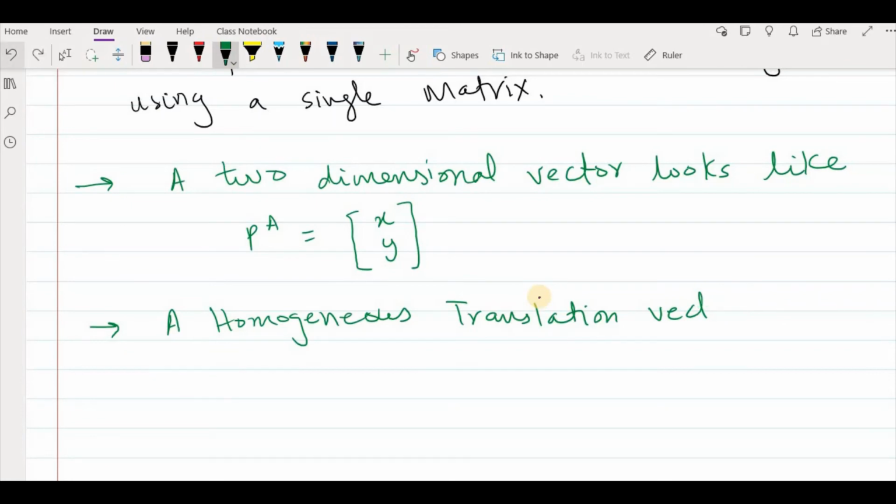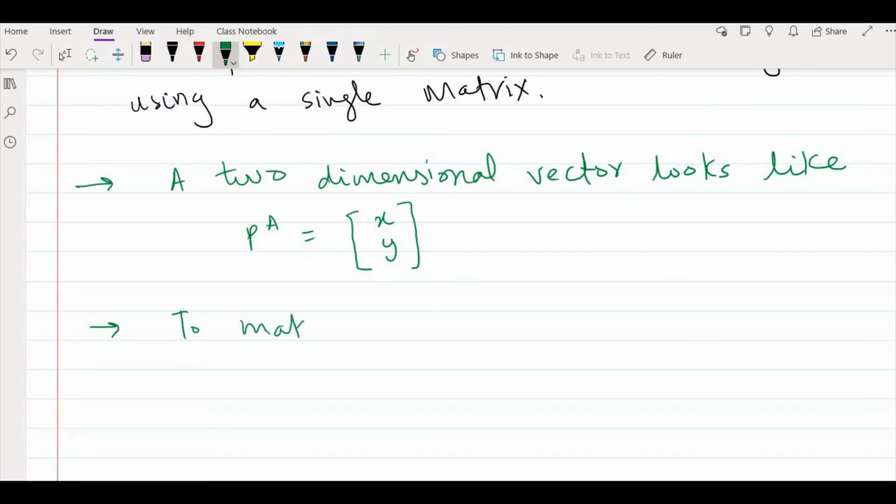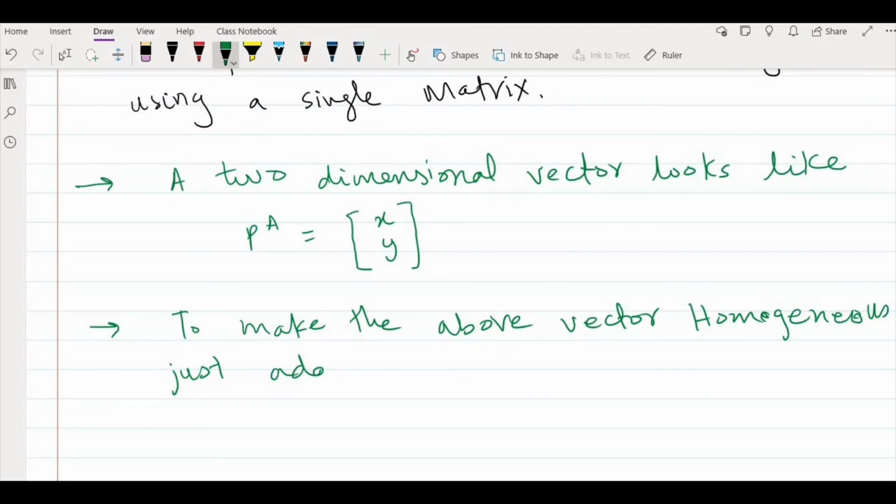Okay, before the translation vector, to make the above vector homogeneous, just add 1 below.